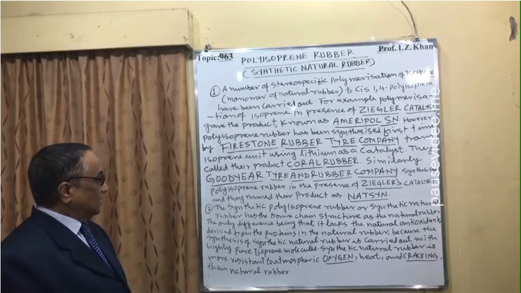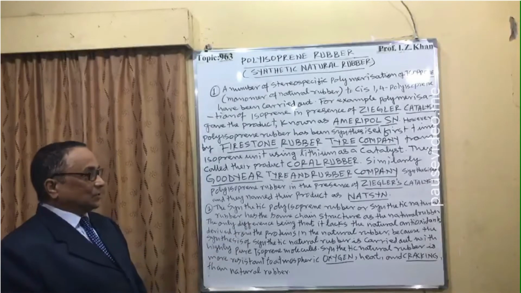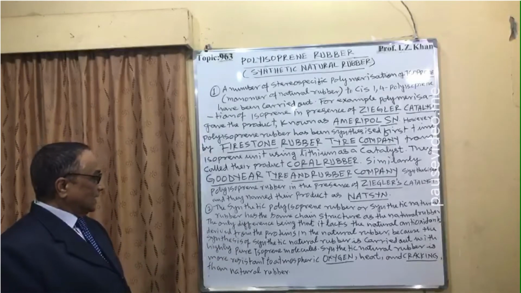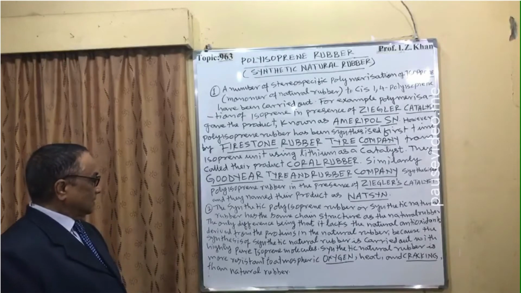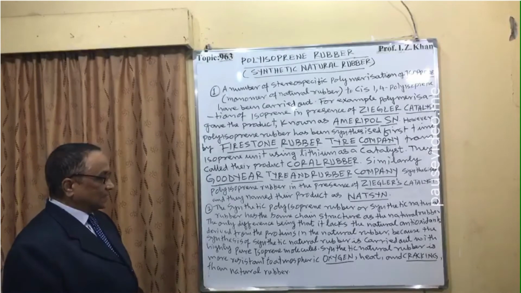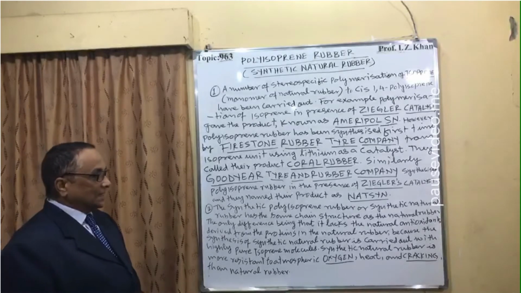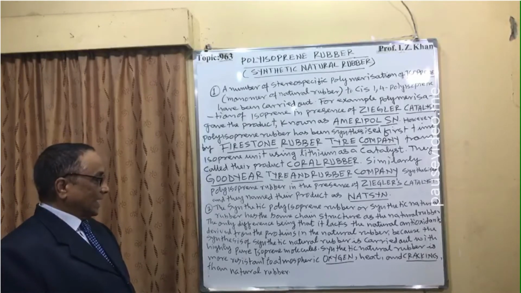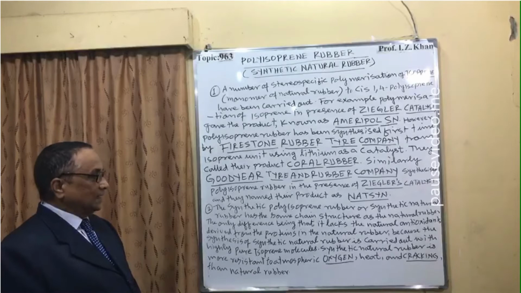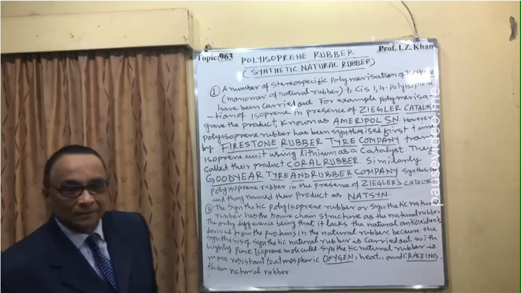So the only difference is that it lacks the natural antioxidants derived from the proteins in natural rubber, because the synthesis is carried out with highly pure isoprene molecules. It is more resistant to atmospheric oxygen, heat, and cracking than natural rubber.